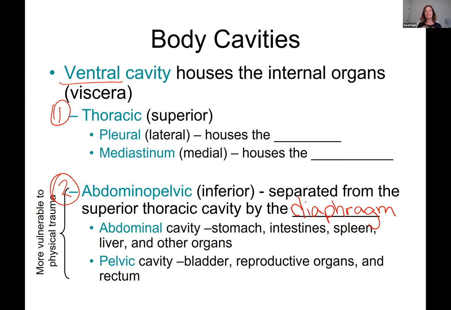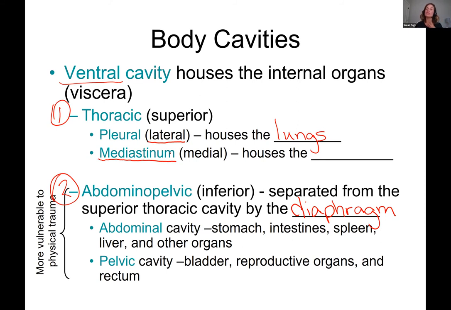So that thoracic cavity can be subdivided further into pleural cavities. You have a pleural cavity on the right and on the left. So they're lateral. They're on the sides, and they house the lungs. And in the middle between the pleural cavities is a cavity called the mediastinum.